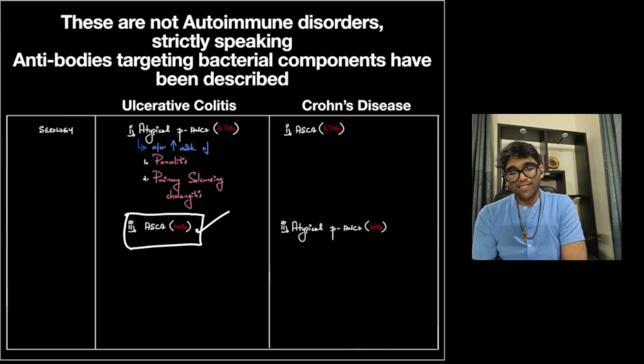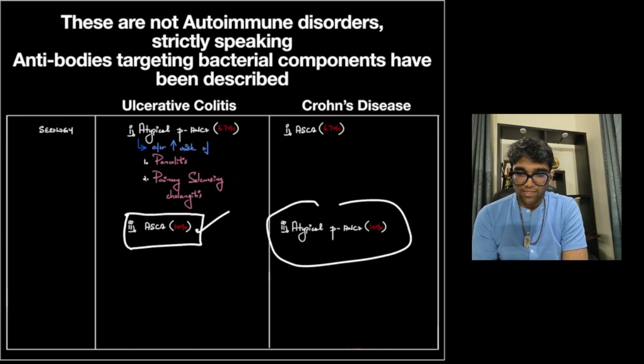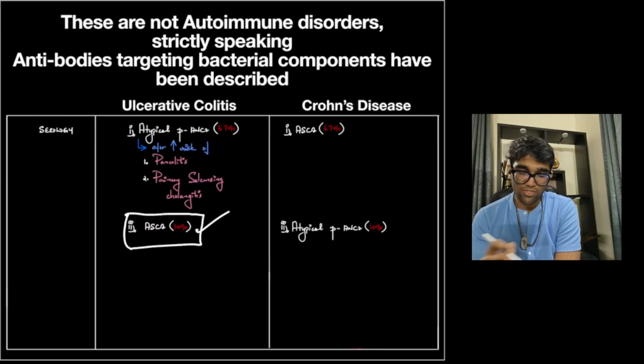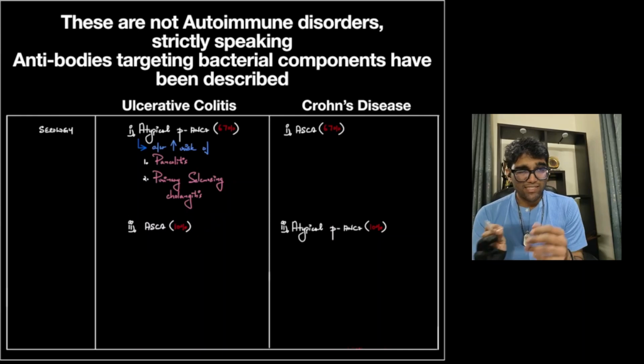Now the pattern is exactly the reverse in Crohn's disease. So atypical P-ANCA is only present in 10% of Crohn's disease, and ASCA, or anti-Saccharomyces cerevisiae antibodies, are present in two-thirds of patients with Crohn's disease. Again, these are just two ends of a spectrum. So this is why they mirror each other so much.